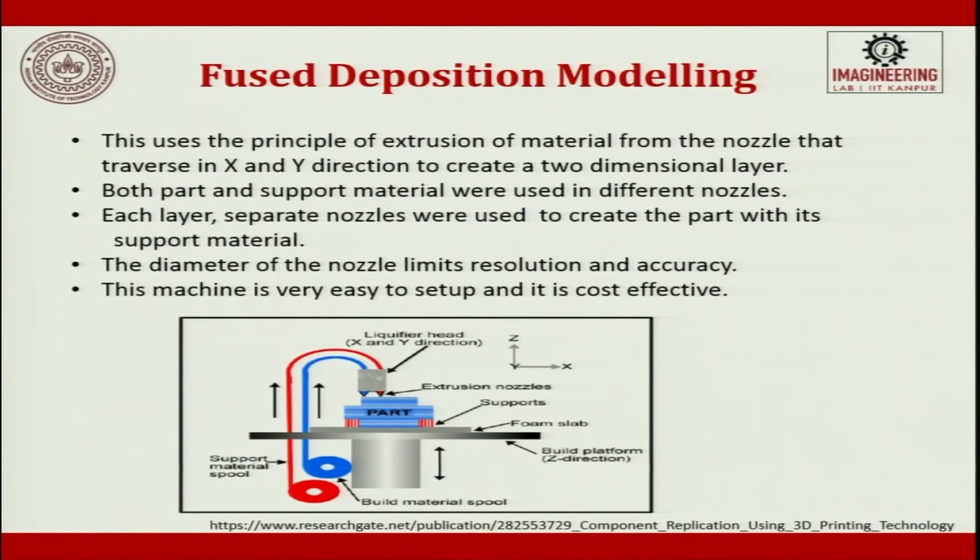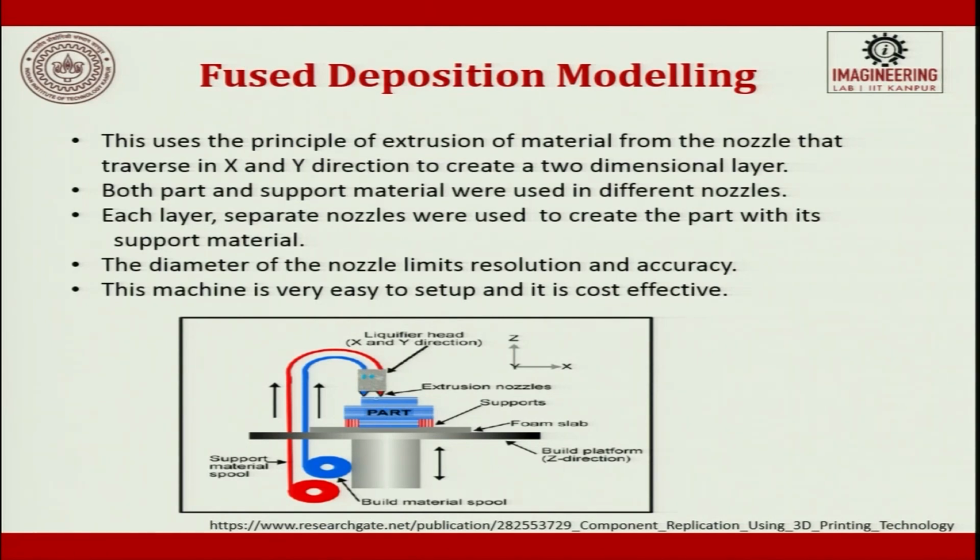So, this is the process for fused deposition modeling. This uses the principle of extruding. Here the wire is fed through an extruder. There is a tension maintained by two rollers through which the wire gets fed inside.